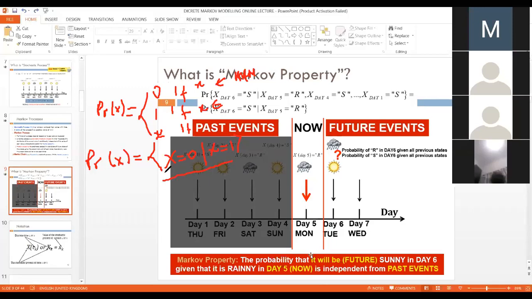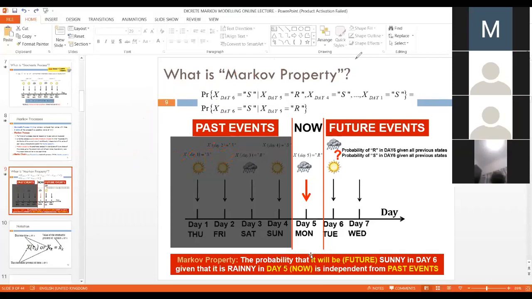So the state now is 0, given that previously it was 1. Or the state tomorrow is 0, given that today is 1. That is a conditional probability. In the same way, we are going to see these notations in the Markov property, and subsequently all notations will be in this form for this particular modeling tool.